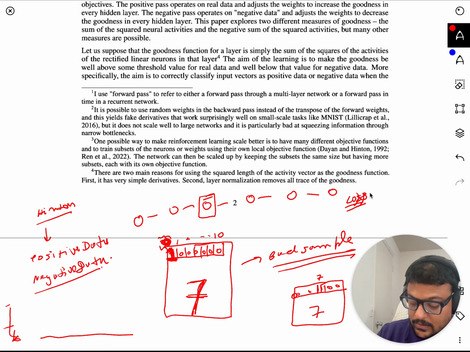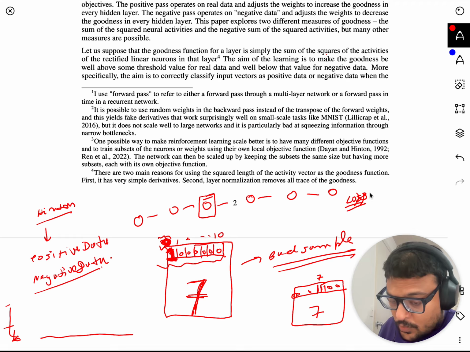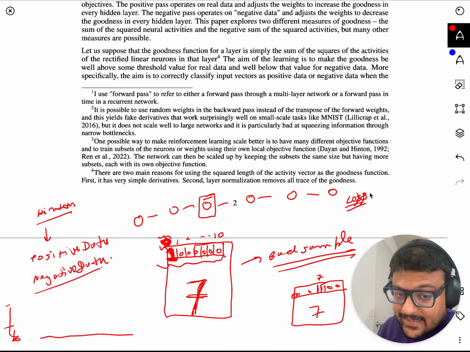So now the idea is that you will have this input image, which is the one you're trying to classify, and you will input the labels into it. If the class indicator tells it the correct class, then it is a good sample, otherwise it is a bad sample.